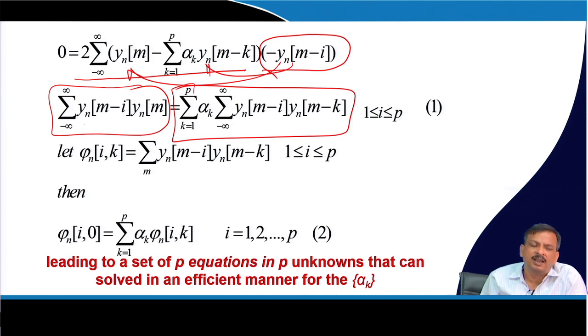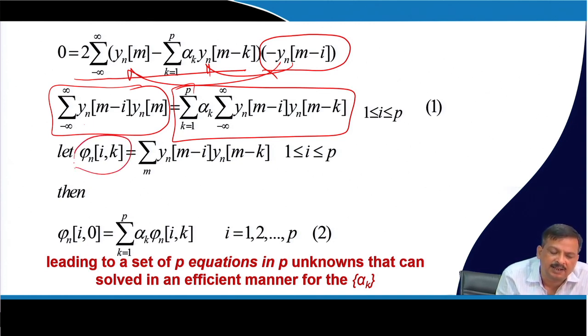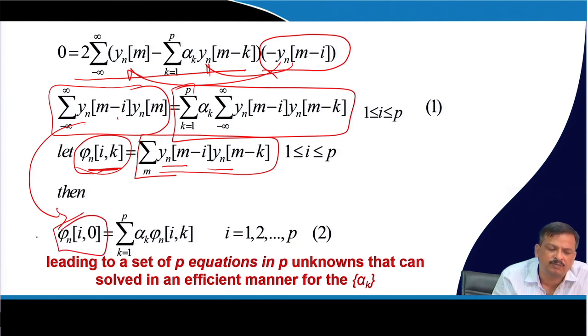Is it clear? Let phi_n[i,k] be defined as the sum of y_n[m minus i] y_n[m minus k]. So on one side I get phi_n[i,0], and on the other side alpha_k multiplied by phi_n[i,k].